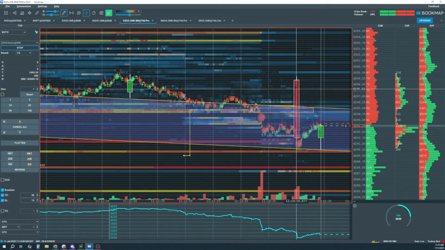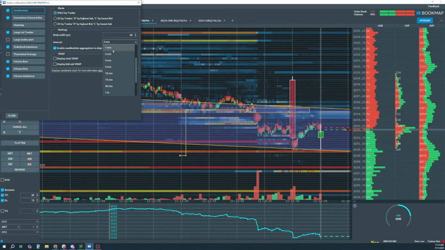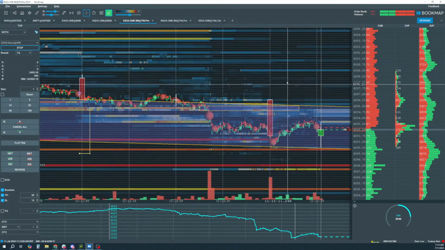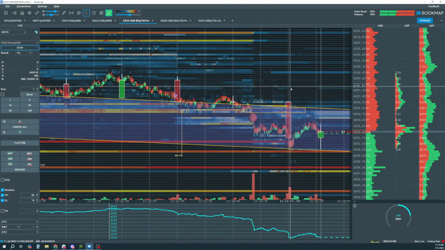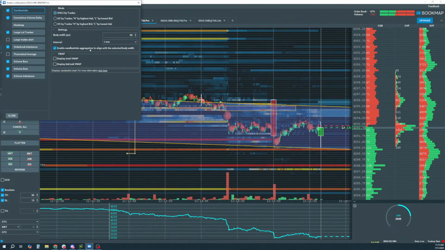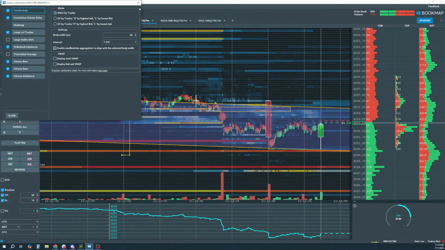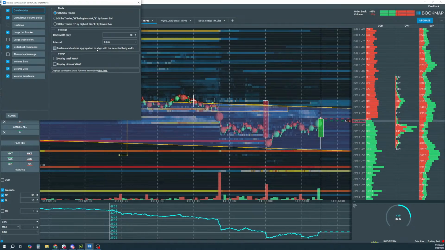I think we're going to have to go back down into lower time frame candles here to replicate some of these concepts. Shoot, did I get it? Okay, that's 1 minute, yeah.